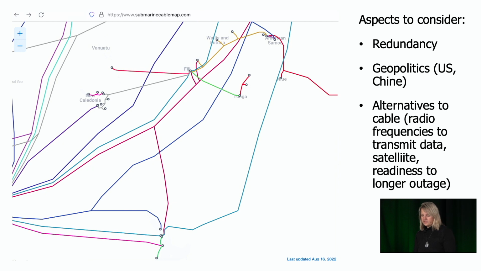So what is the solution here, let's say? Not to be dependent on one cable. This is the picture of undersea cables in your region between different islands in the Pacific Ocean. And every year, I would say there are more and more cables in the sea.